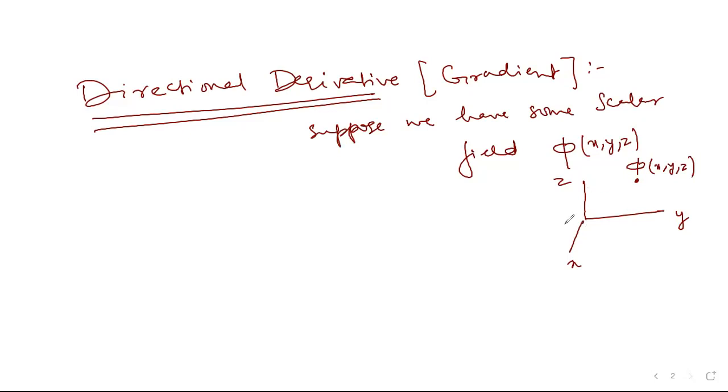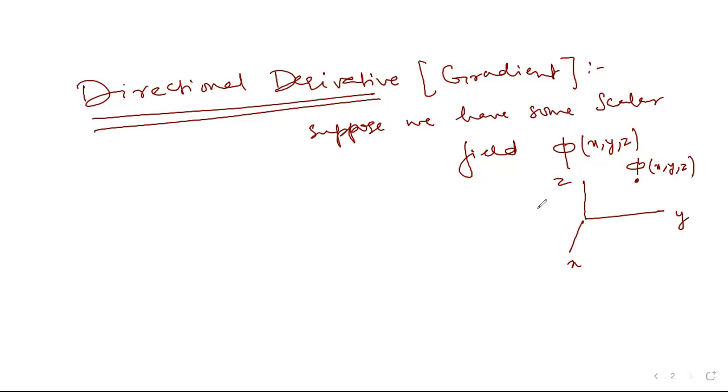So I have a field in space represented by phi, and I'm assuming it is a scalar field. So it is a scalar quantity. It can be a temperature field, it can be some other pressure field, right? We're talking in general terms, right?